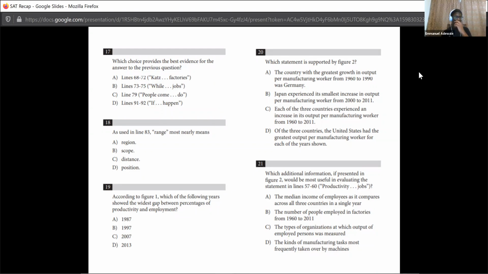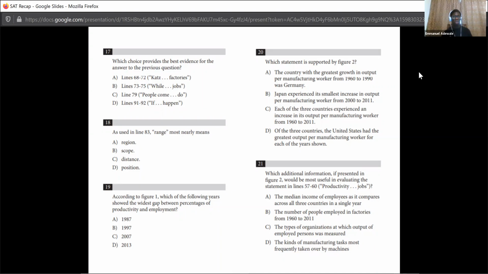And again, relating back to question number 16, making sure that you find specific quotes or specific phrases that tie into what the question is asking are surefire ways to find the correct answers to these questions. But yeah, the correct answer for 17 would be D.